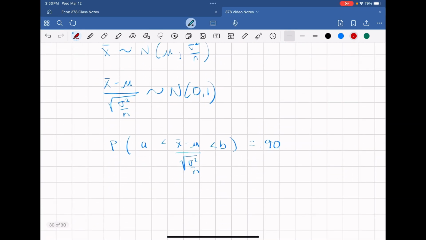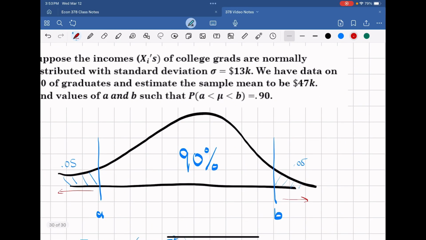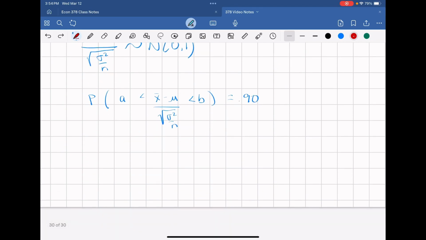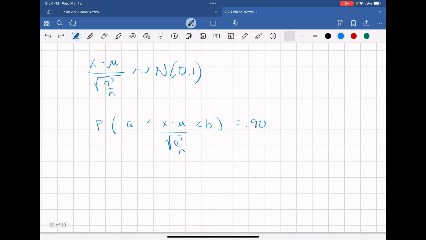But that's for the A and B for this statistic, and we want to find where A and B are for mu. So let's put those values in. The probability that negative 1.645 is less than (x bar minus mu) over the square root of sigma squared over n, less than positive 1.645, is 90%. Now we can solve this inner part for mu.